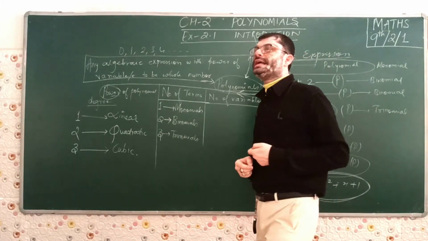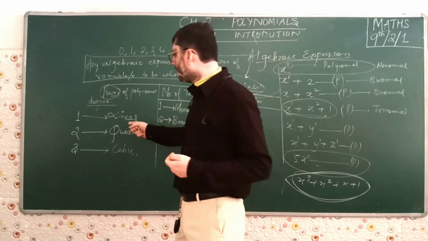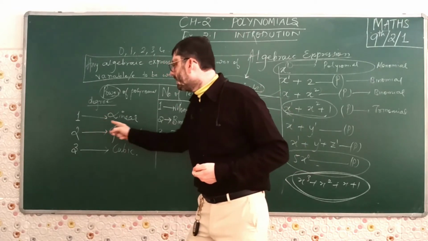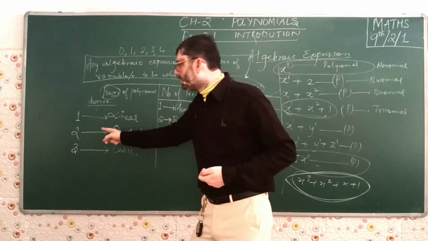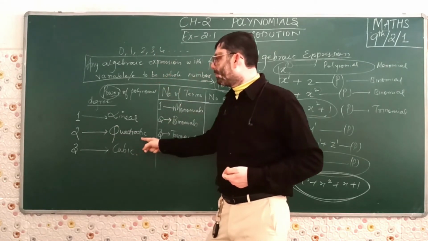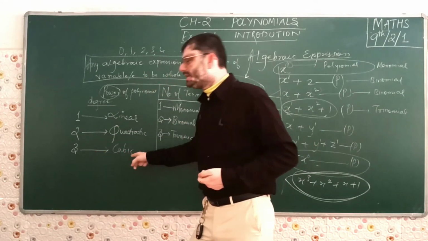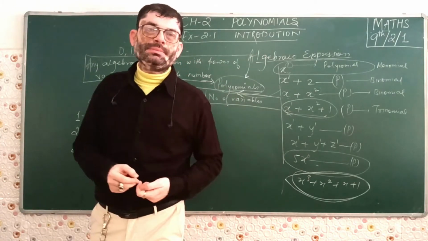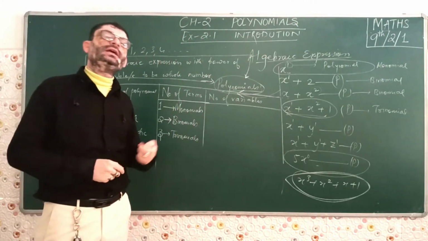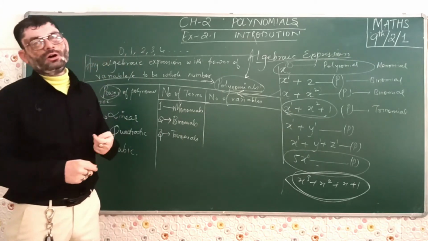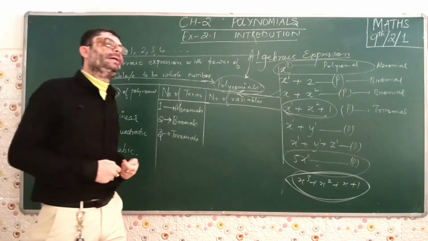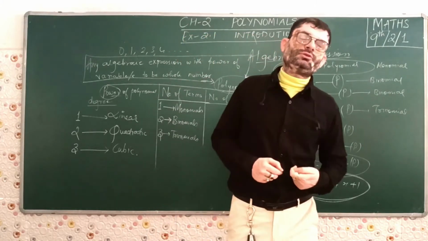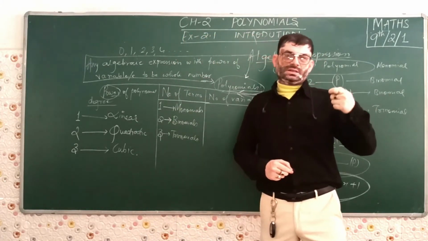And based on the degree of the polynomial, a polynomial with degree 1 is a linear polynomial. With degree 2, it is a quadratic polynomial. Degree 3, it is a cubic polynomial. And if it is more than degree 3, we simply say it is a polynomial of degree 4 or degree 5 or degree 6. Keeping in mind, whenever you see an algebraic expression, first of all you have to check the power, the degree.